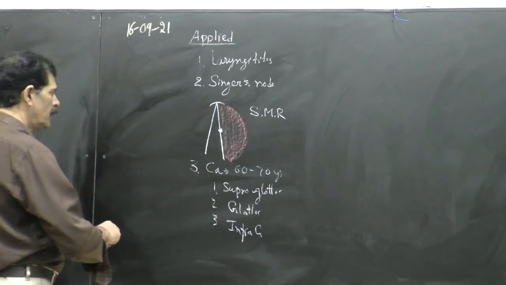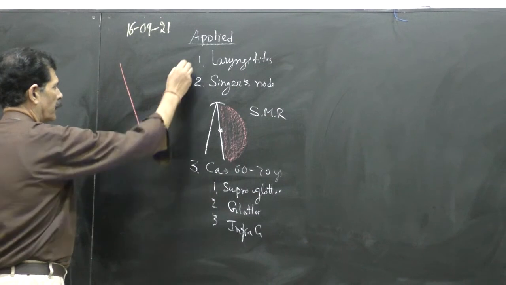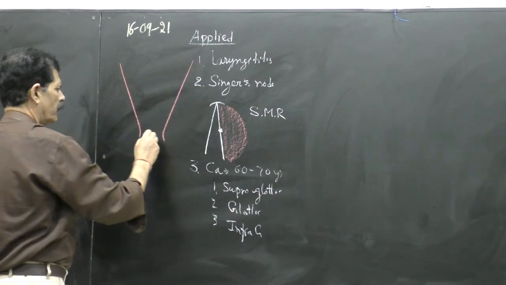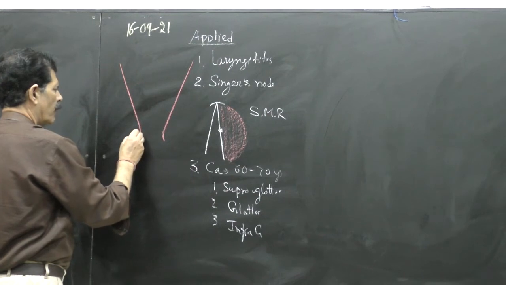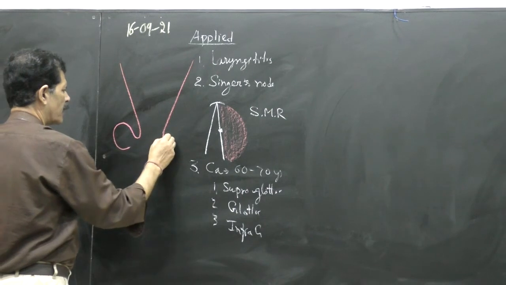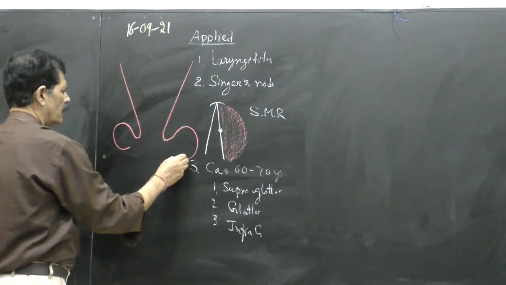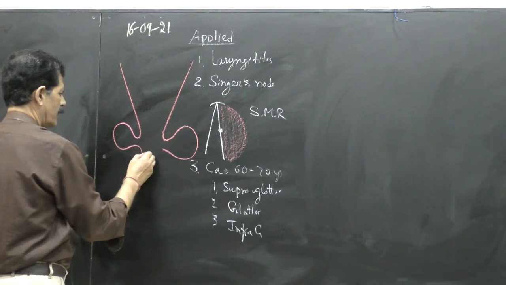As we know, the laryngeal inlet, the vestibule, is formed by the epiglottis, and the vestibular fold is formed by the lower end of the quadrangular membrane. This is the sinus of the larynx.